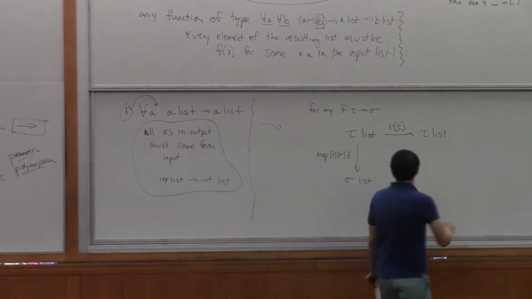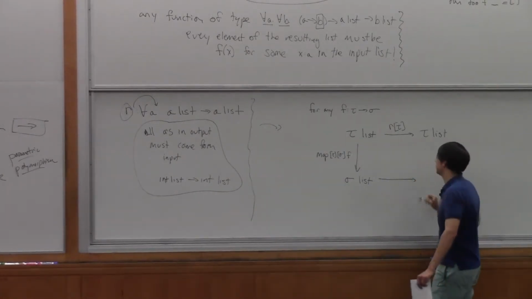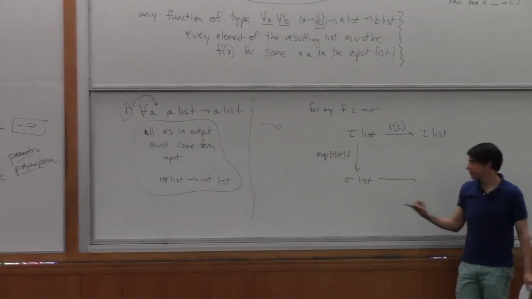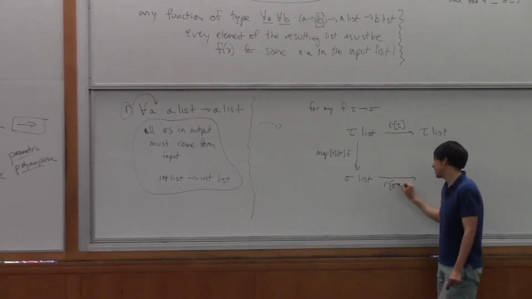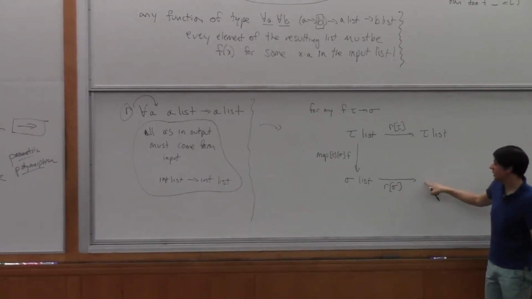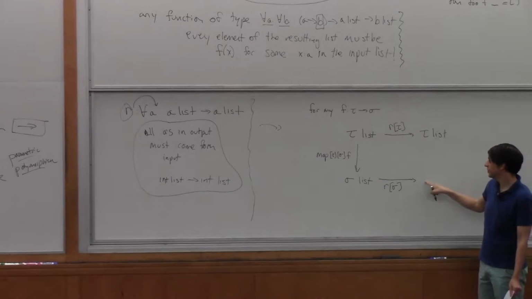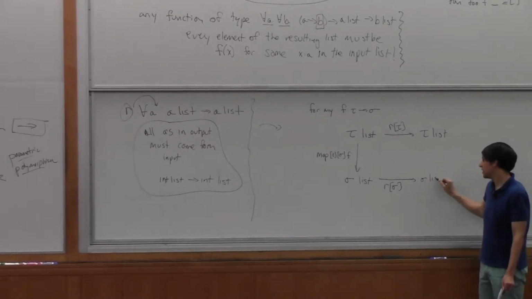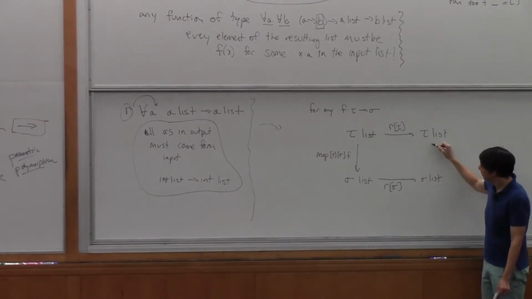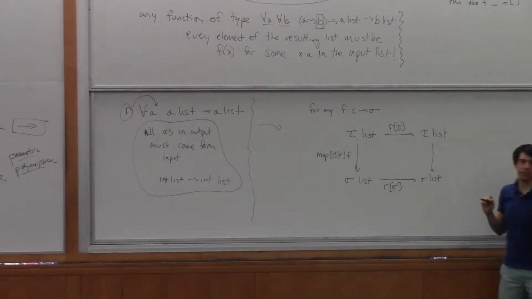Okay? What can I do on the bottom here? R applied to sigma. What can I do on the right here? Well, what do I get? Sigma list. What goes there?